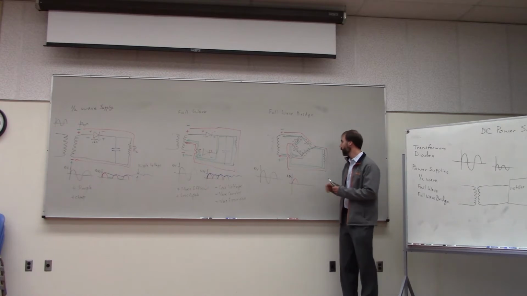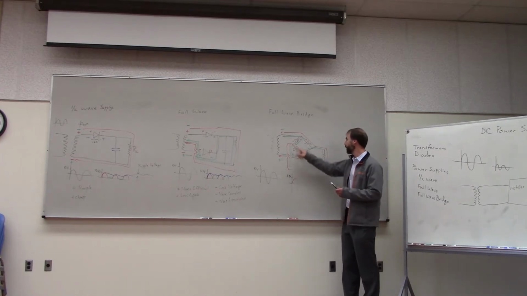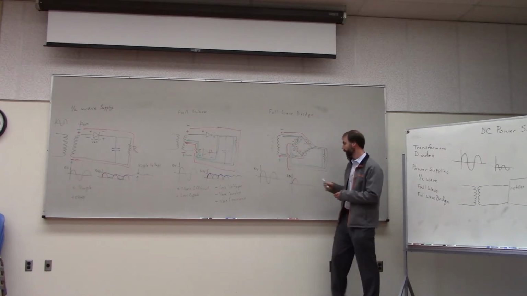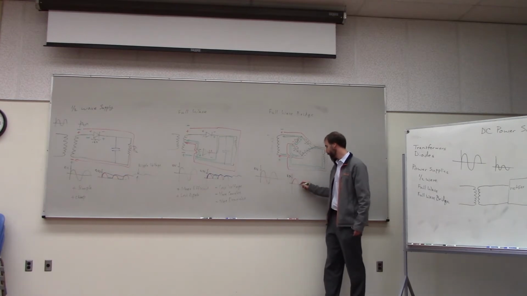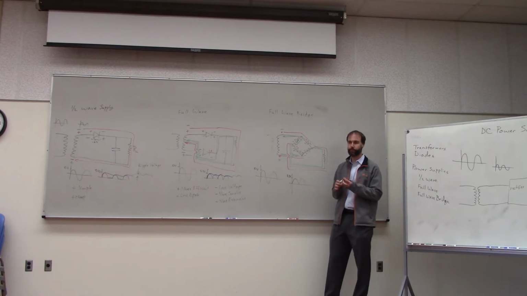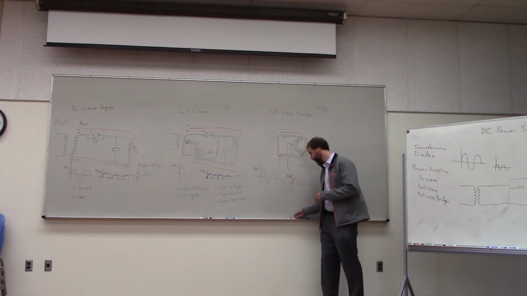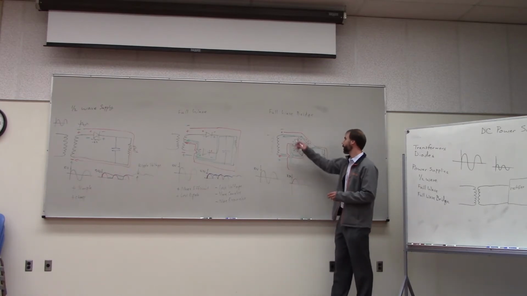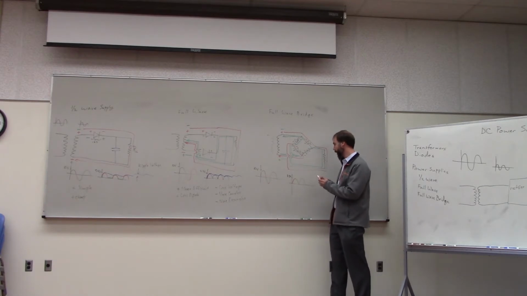So again, we're going through one diode and two diodes, starting off at 10 volts. So we end up with a peak output voltage of 8.8 volts. Okay? So the full-wave bridge rectifier is able to capture both the positive and the negative halves of our input signal.